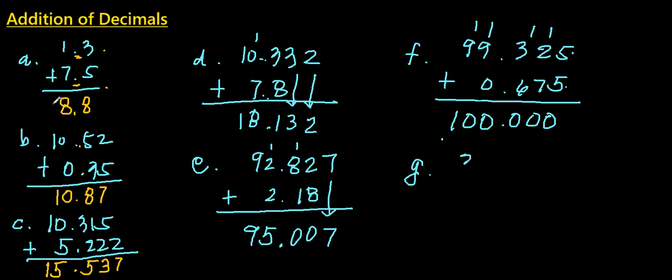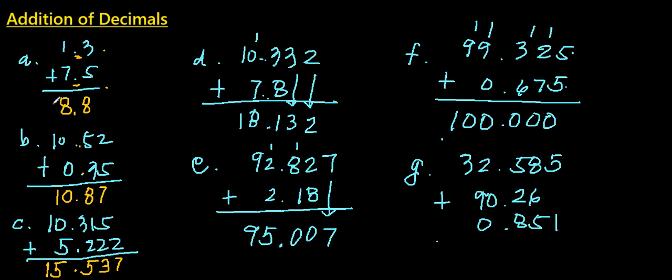Next, let's have 32.585 plus 90.26 plus 0.851. So these are three numbers.